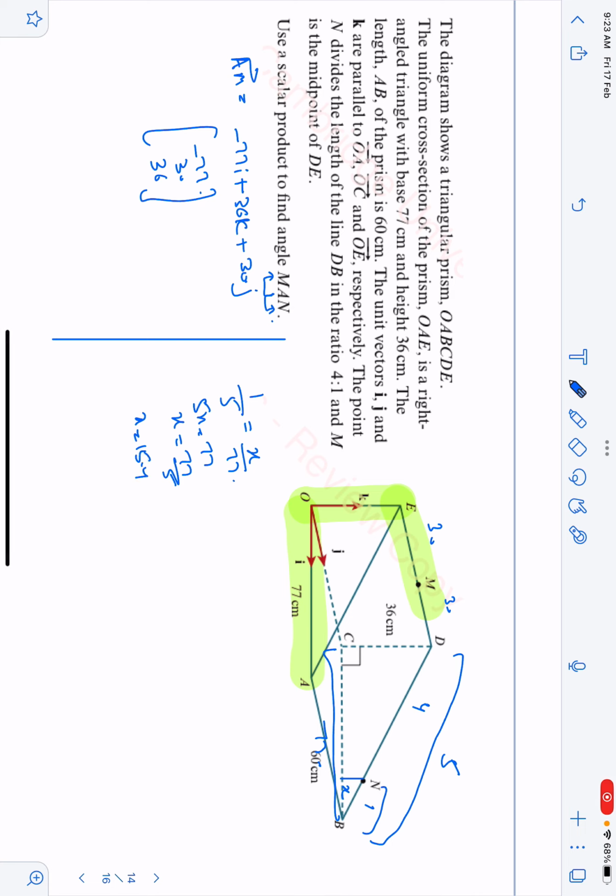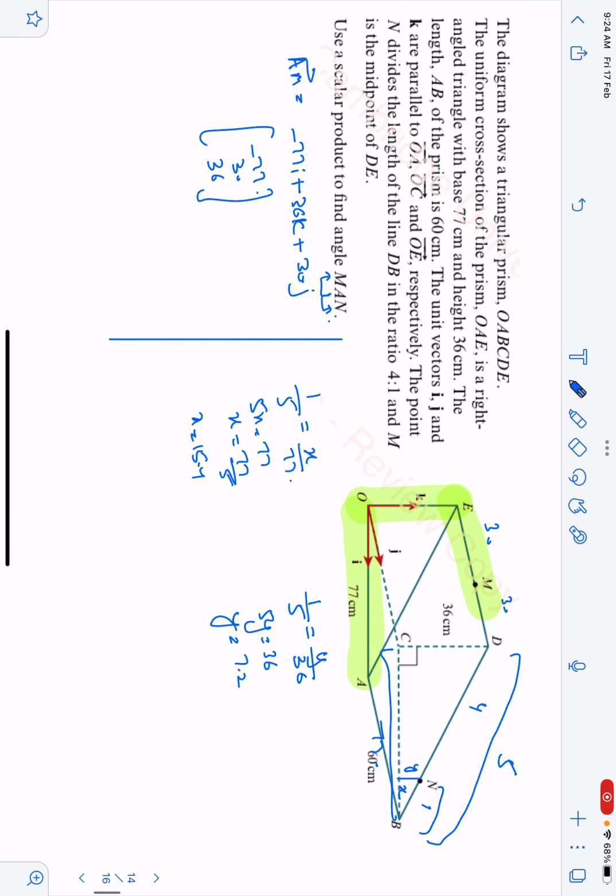So I know this length is 15.4. Now, to go from B to N, I have to go like this and then go up. If I call this y, I will once again write 1/5 is y upon 36, because the ratio is the same. So 5y equals 36, and y equals 36 divided by 5, which is 7.2.